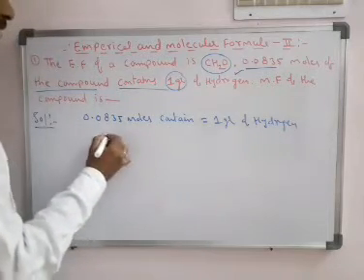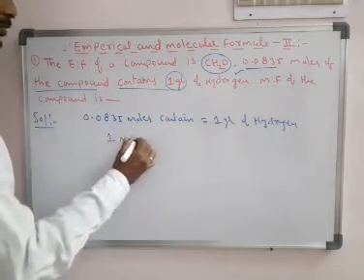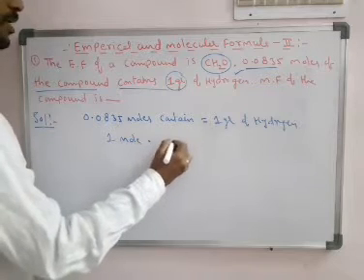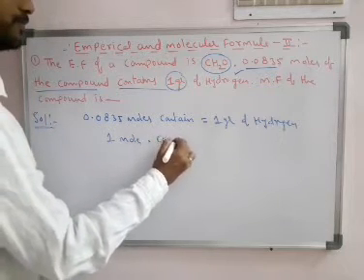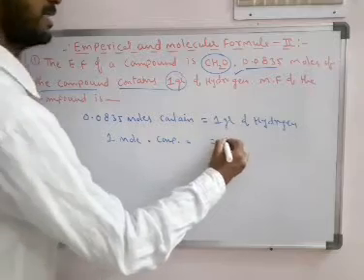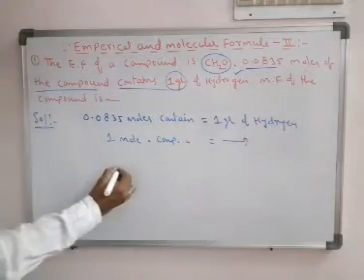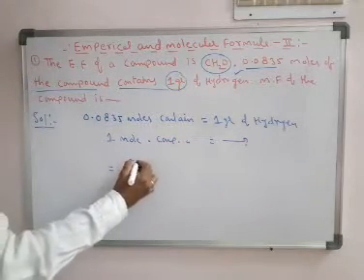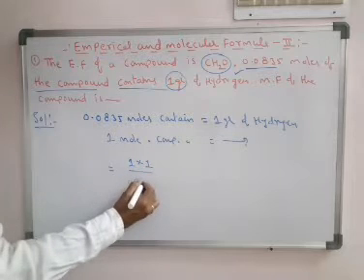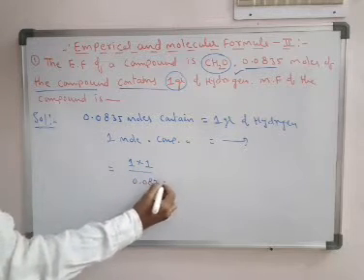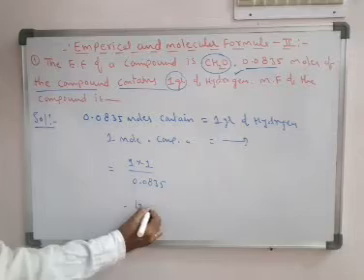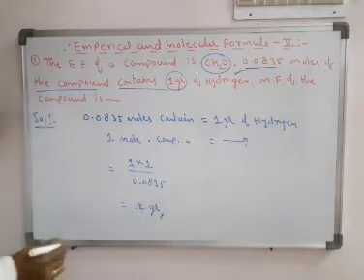But we have to calculate everything for 1 mole. So 1 mole of compound contains how much hydrogen? On this calculation we will get 12 grams.